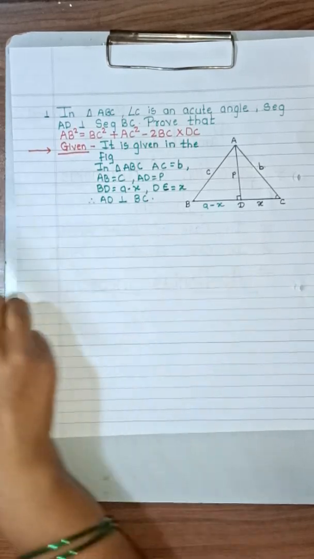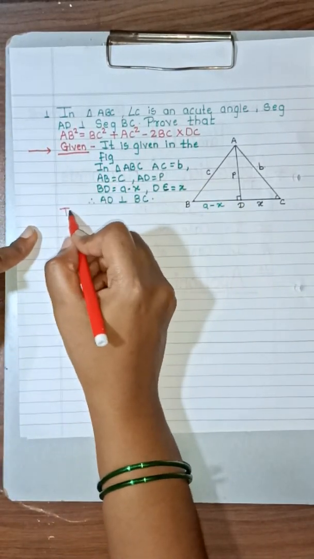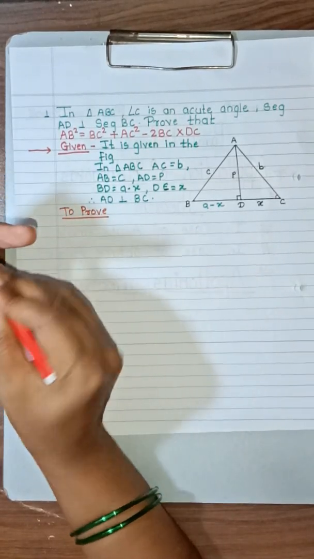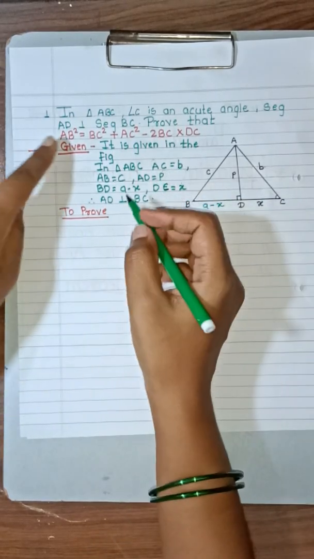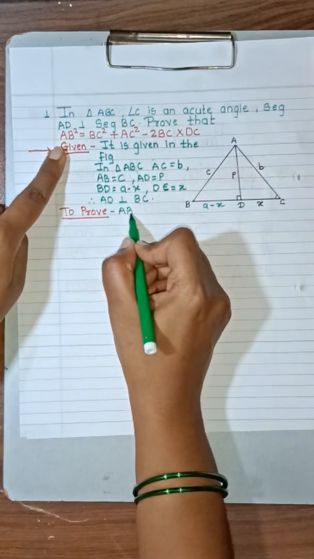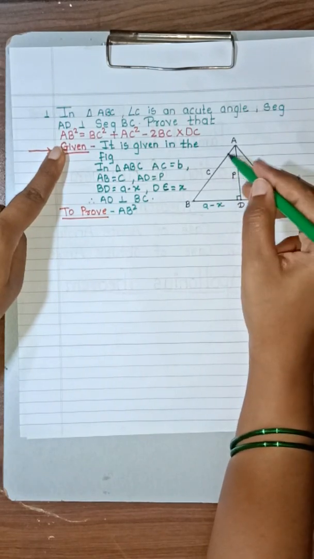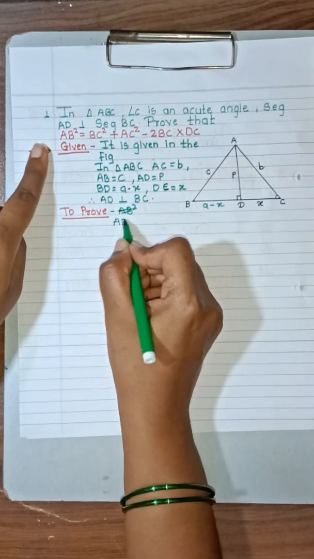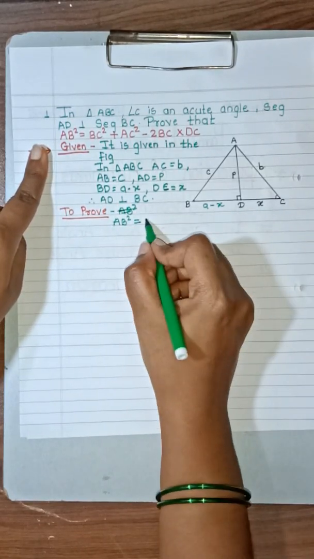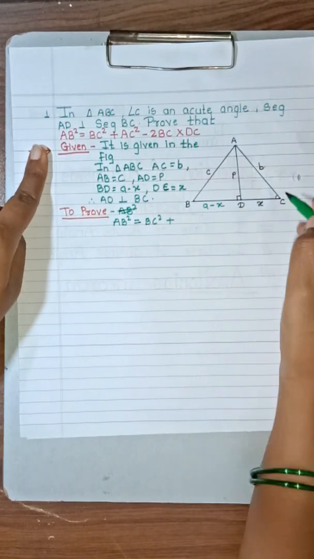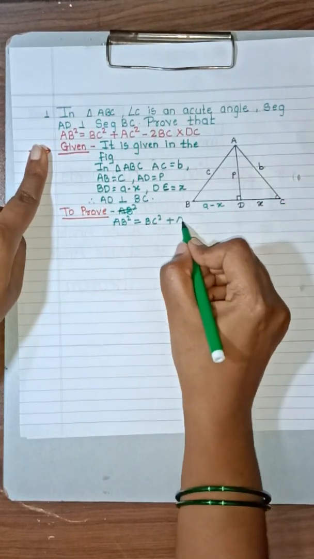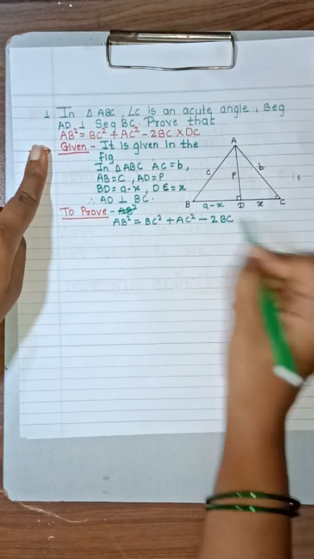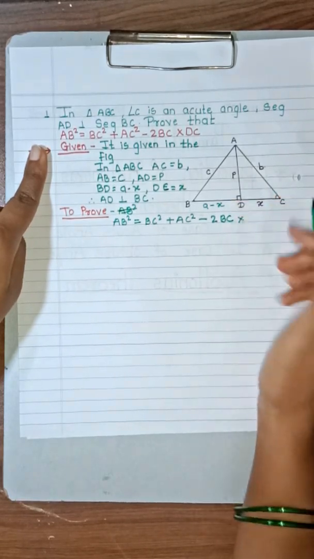Now we have to prove that AB square, the side opposite to the acute angle, is equal to the base square, that is BC square, plus the side adjoining to the base, that is AC square, minus twice BC into DC.